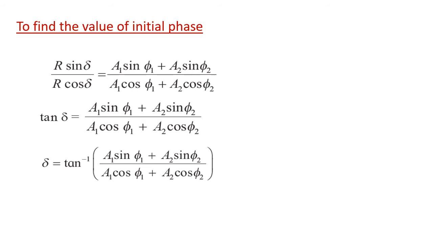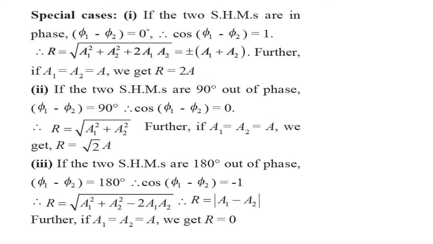Now let us discuss some special cases, and let us see what these special cases are one by one. Now, if you assume that the two SHMs are in phase, what is the meaning of in phase? That is, the phase difference between these two is 0. That means phi 1 minus phi 2 is 0.